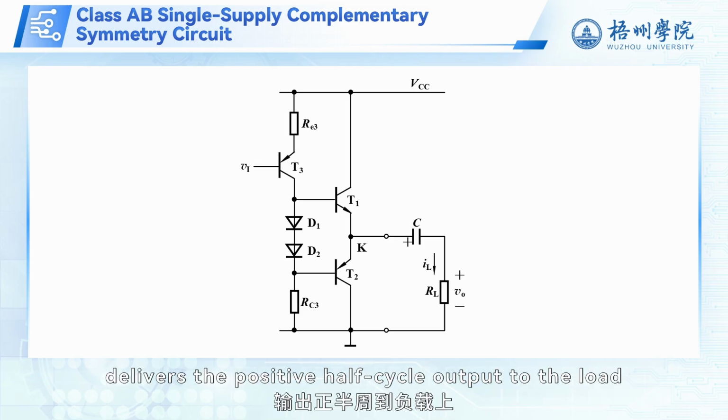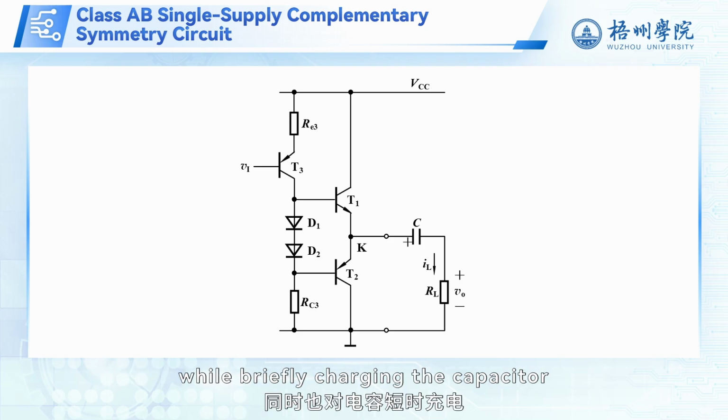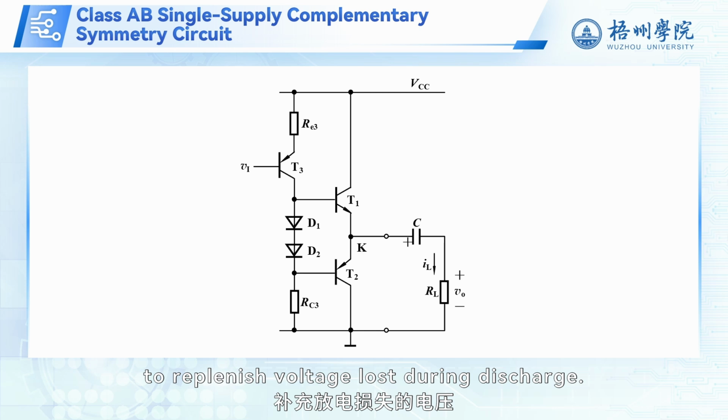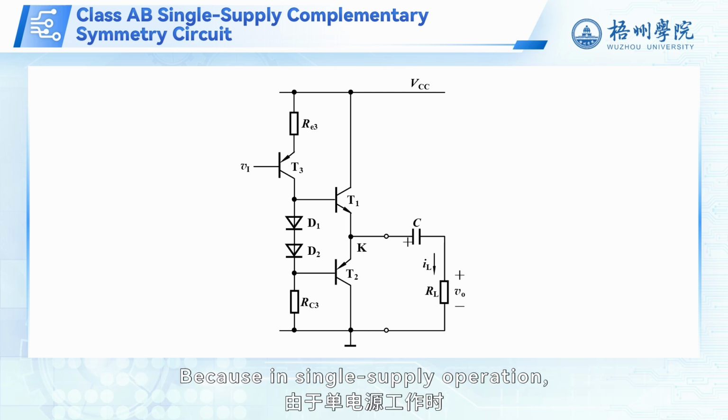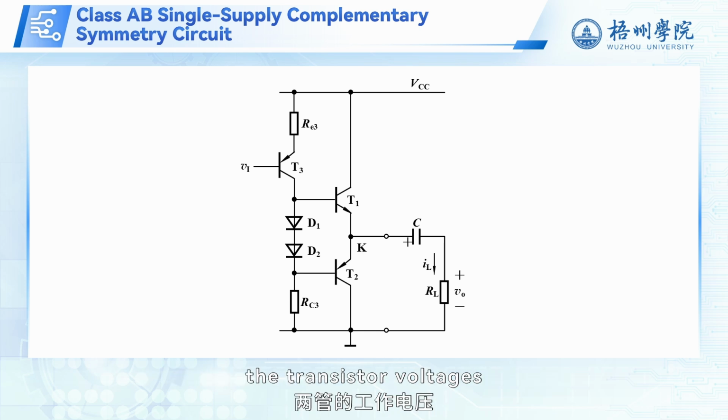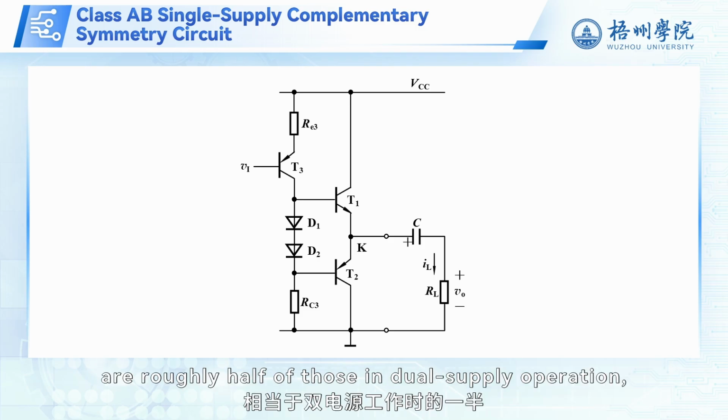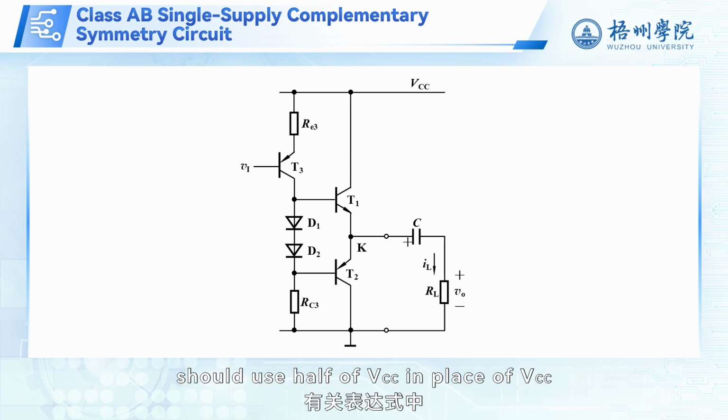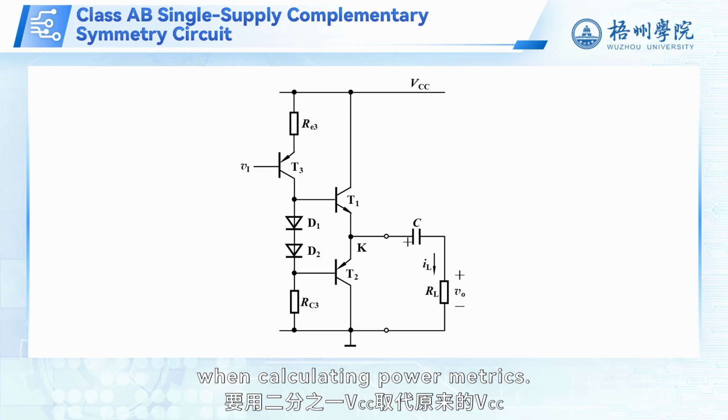The circuit delivers the positive half cycle output to the load while briefly charging the capacitor to replenish voltage lost during discharge. Because in single supply operation the transistor voltages are roughly half of those in dual supply operation, all power-related formulas should use half of VCC in place of VCC when calculating power metrics.